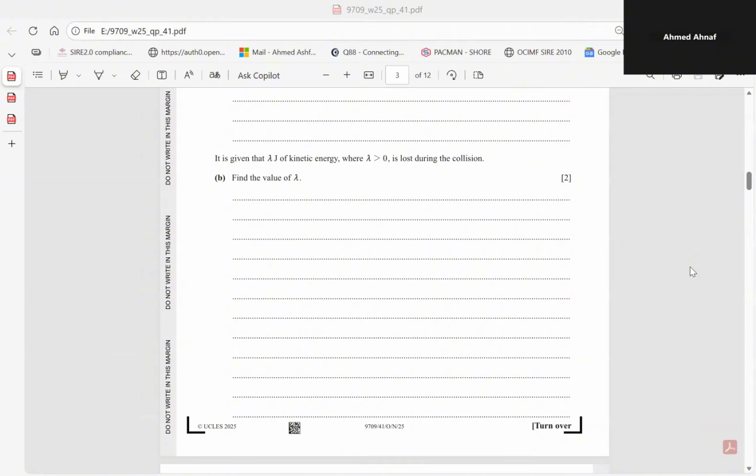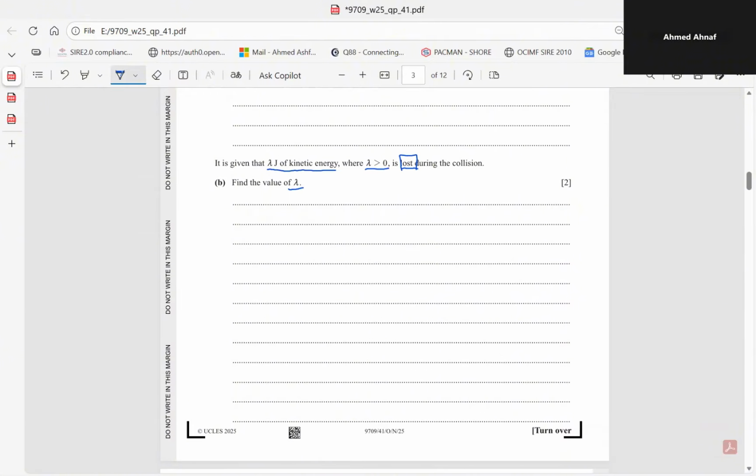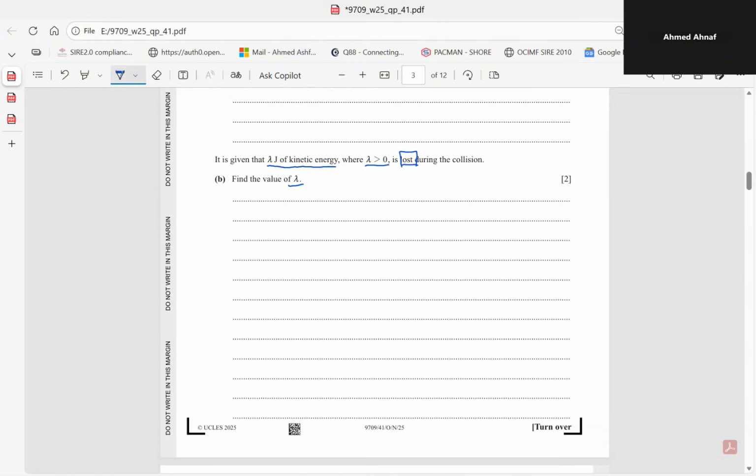Okay, so for this second part, we are told that lambda joules of kinetic energy, where lambda is more than 0, is lost during the collision. So we need to find the value of lambda. Okay, so to do that, let's find the total KE before and after.